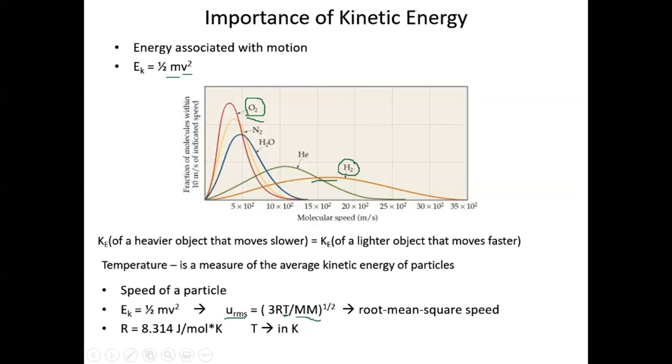This is referred to as root mean squared speed. So again, the speed of the gas is directly related to its temperature, inversely related to its molar mass. If they have a lighter object, it has a smaller molar mass and has to move faster so that it has the same kinetic energy as a heavier object that has a greater molar mass, which moves slower.